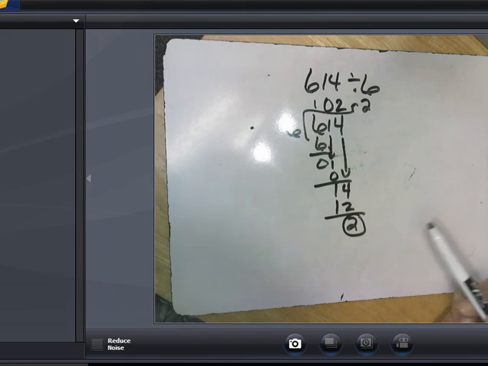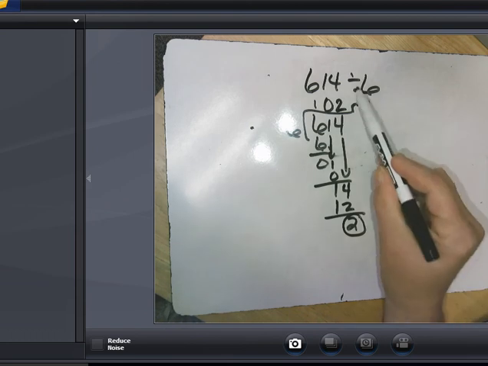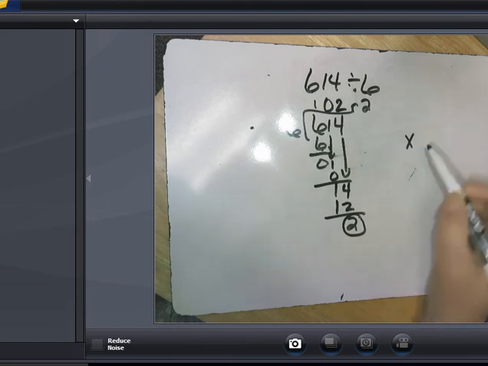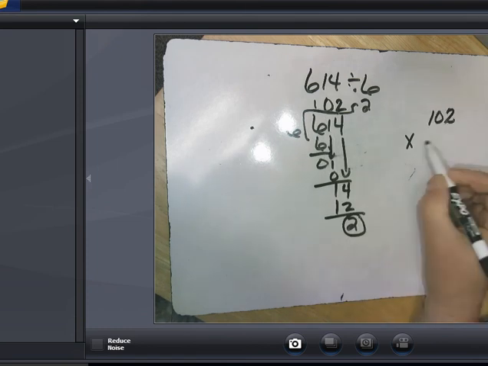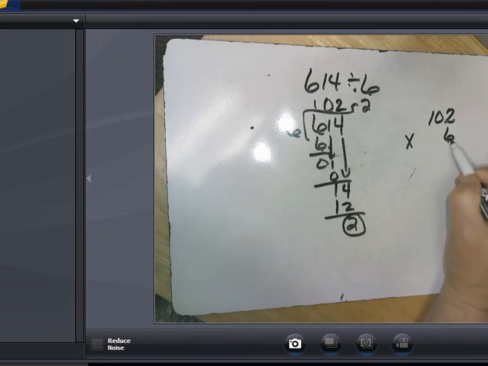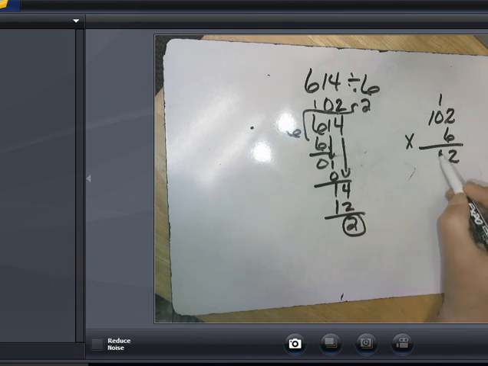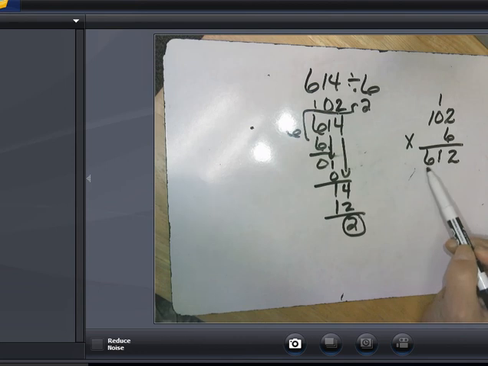So I check my work by doing the inverse operation. The inverse operation of division is multiplying. So I am going to take my quotient, which is 102, times my divisor. So I'm going to do that step first. And when I did that, I got 612. But now I have one more step because I have a remainder.